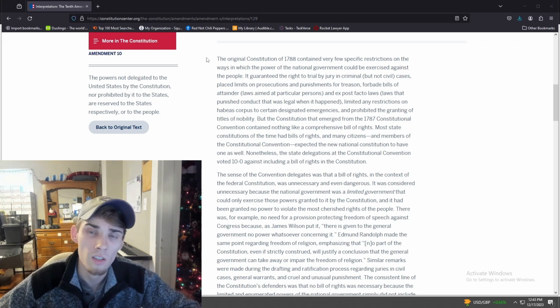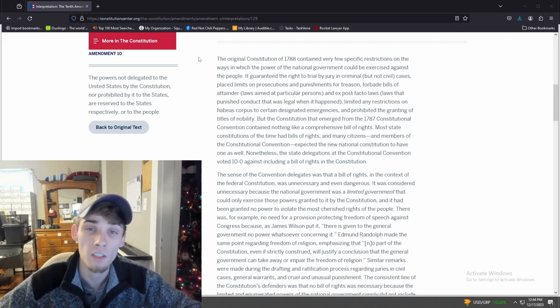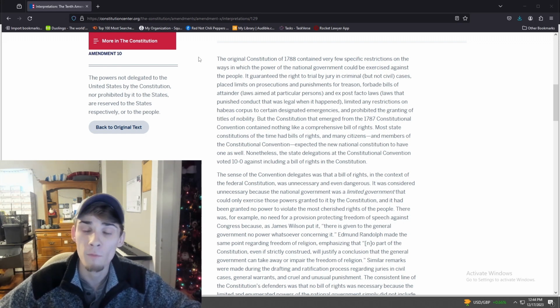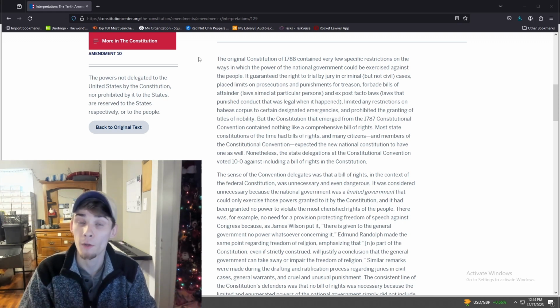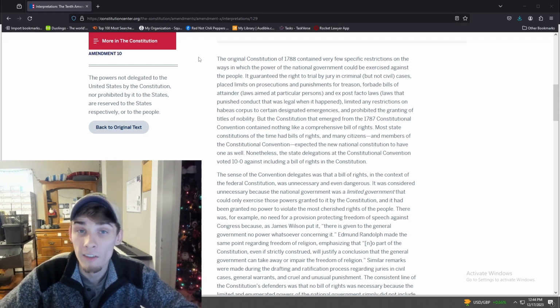And originally, the Constitution was ratified under the assumption that a Bill of Rights would be entered into the Constitution, because you've got to think, the original Constitution did not include a Bill of Rights. And the opponents to the Constitution wanted a Bill of Rights. And so the Federalists basically came to a middle ground with the opponents of the Constitution and said, okay, well, let's get this ratified.